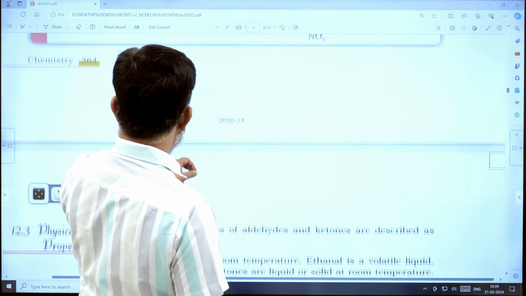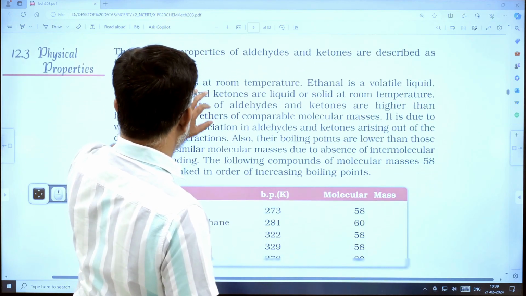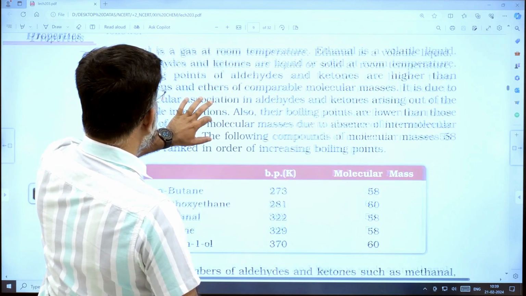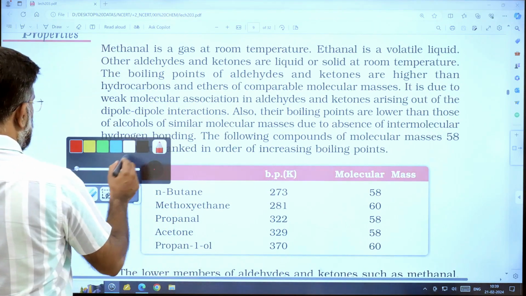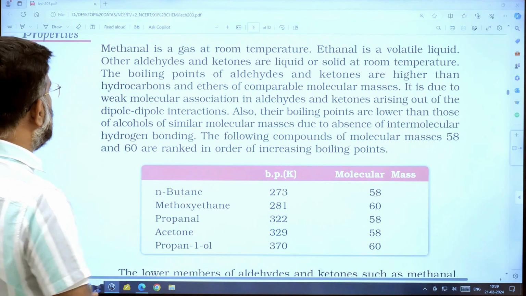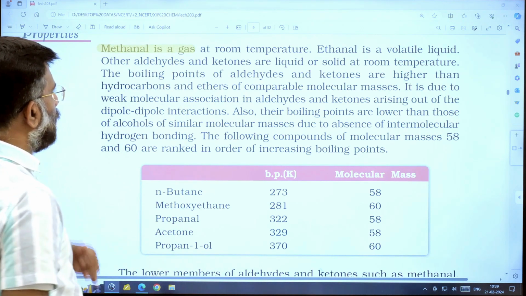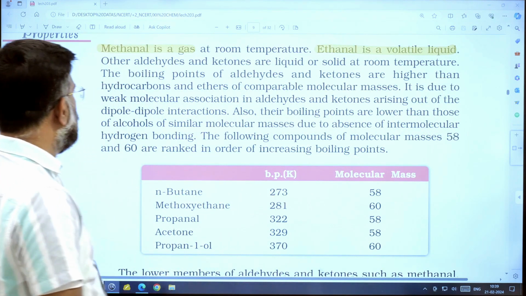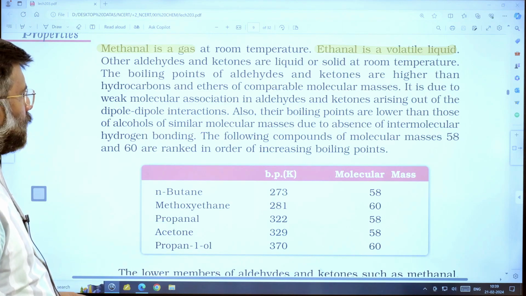Next is on to physical properties of aldehydes and ketones. Methanal is a gas at room temperature. Ethanal is a volatile liquid. Other aldehydes and ketones are liquid or solid.